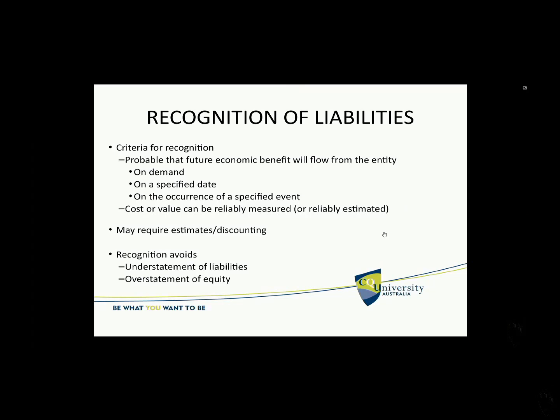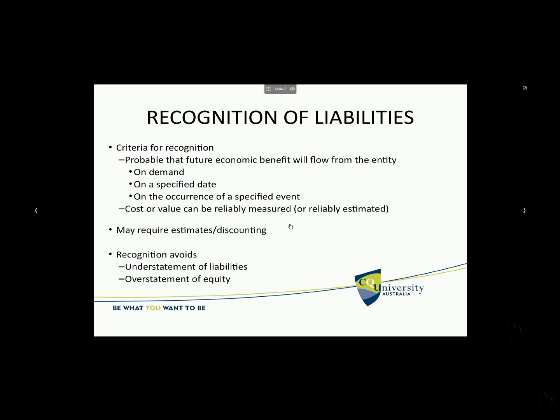And on the occurrence of a specified event, again, we can talk in terms of warranty. Payment would be made when it could be shown that the product is defective, i.e. is covered by the warranty policy and within the warranty period. Okay.